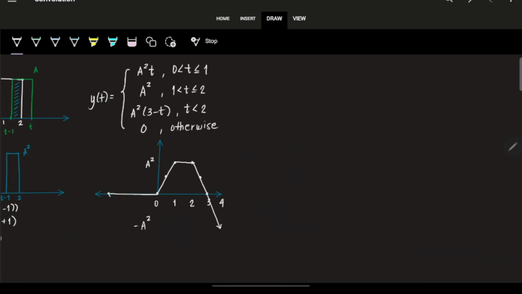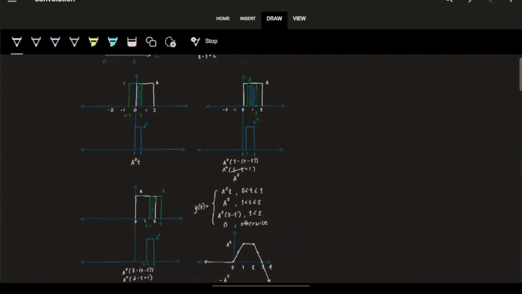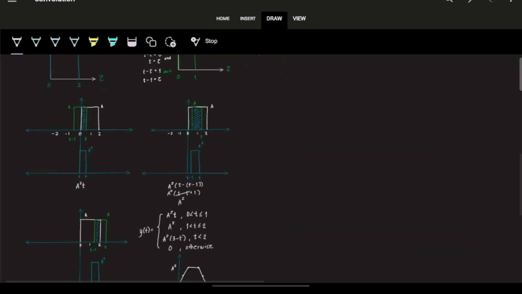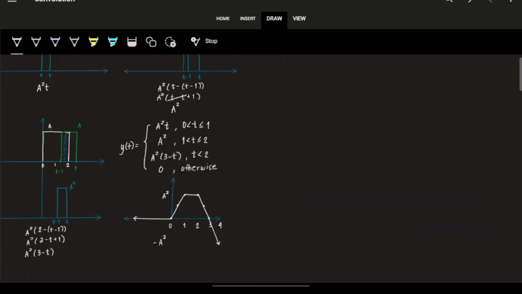This graph is the result of the convolution of the two rectangular pulses. So our result, y of t is equal to a squared t when t is between 0 and 1, a squared when between 1 and 2, then a squared times 3 minus t when t is greater than 2 and 0 otherwise. So that's how we perform graphical convolution.